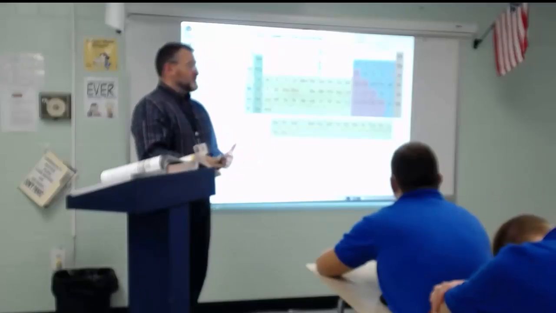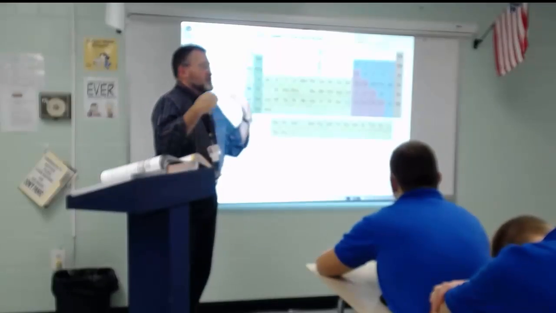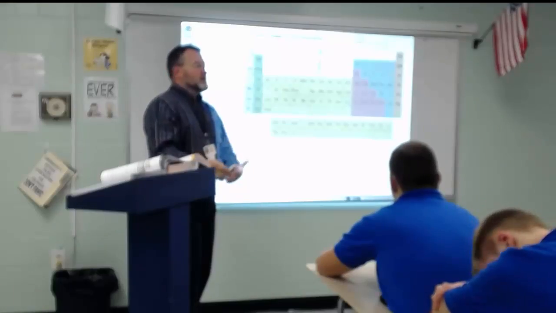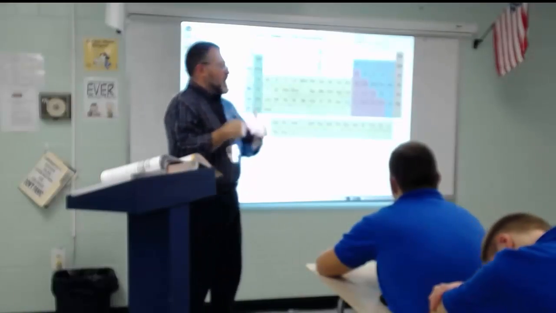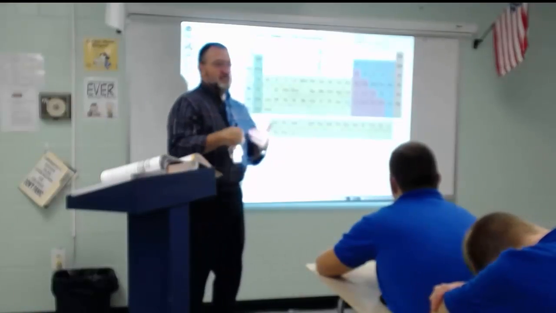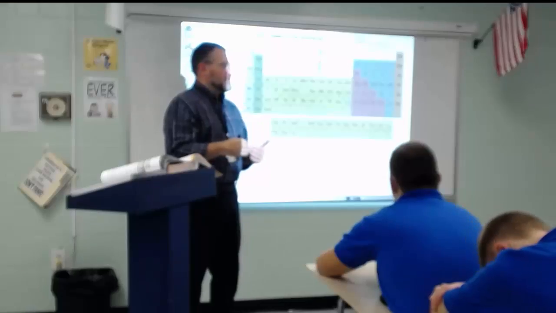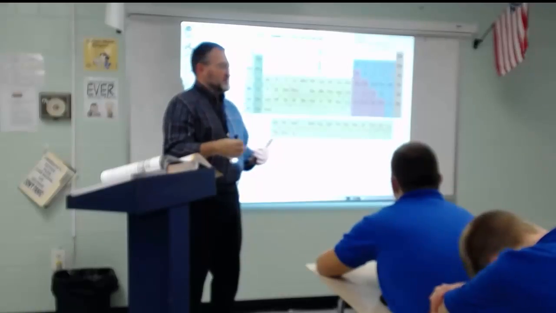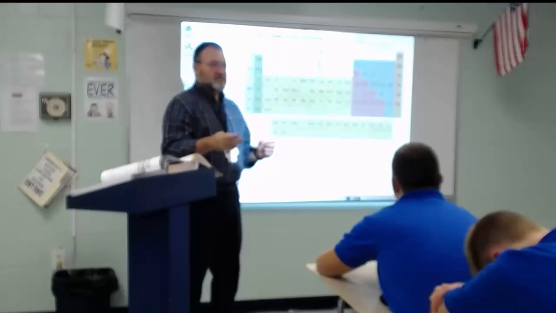But when it comes to filling the octet, this shared electron, or more accurately, this shared electron pair, whose octet does that pair belong to? Those two electrons. Who gets to count them as being part of their octet? The metal or the nonmetal?